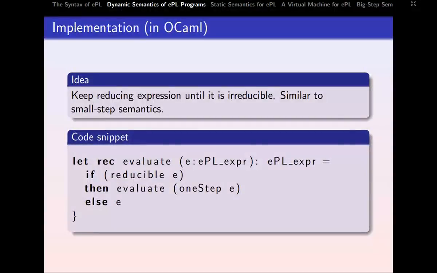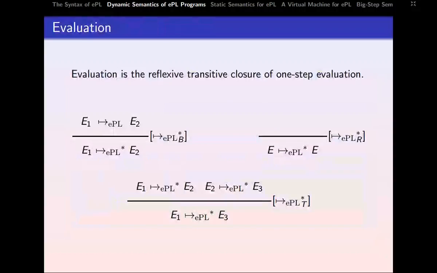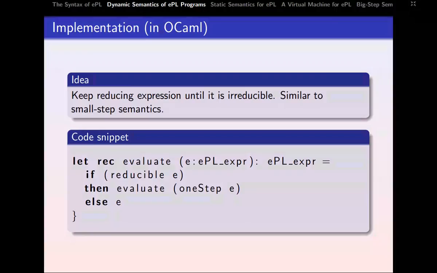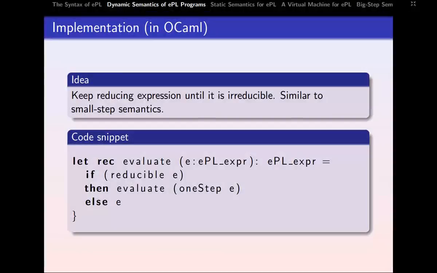Any questions so far? Yes? Go back to the previous. On the top right one, why do you need that? Oh, because of this, I'm returning E. That's what allows me to say the evaluation of E is E when E is irreducible.